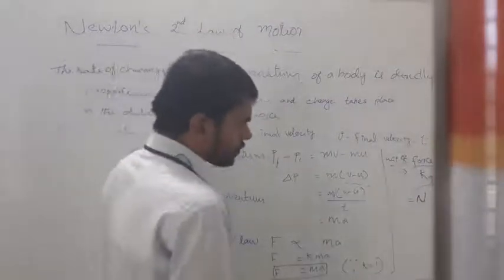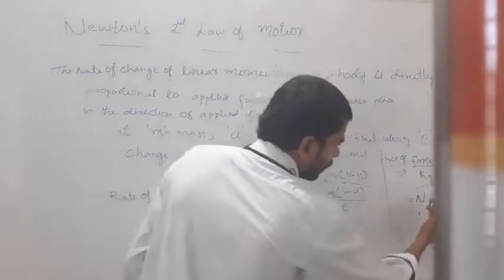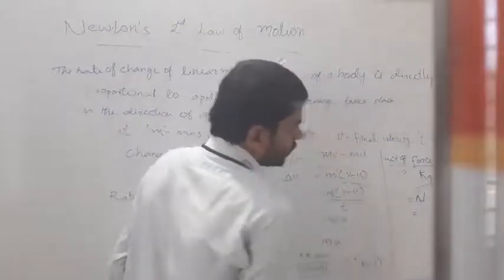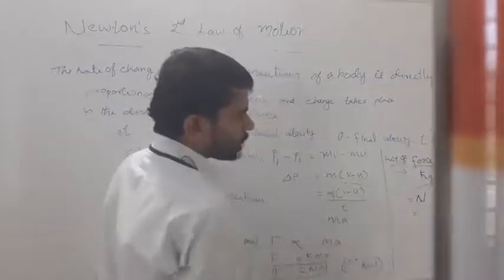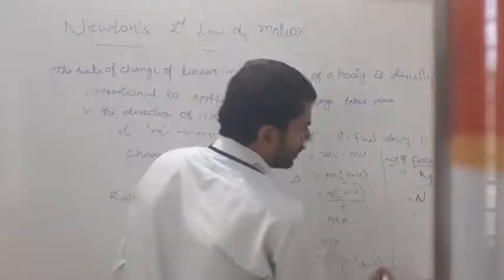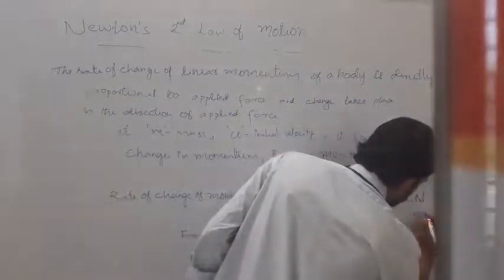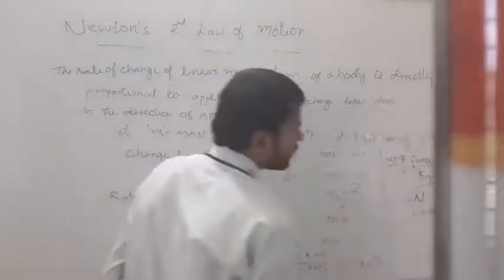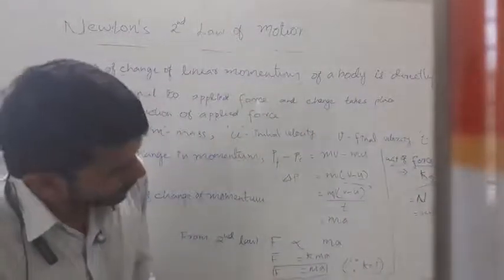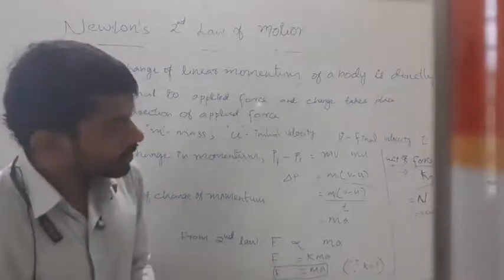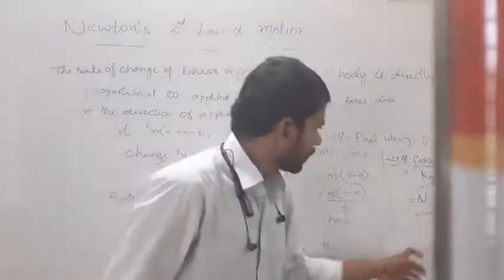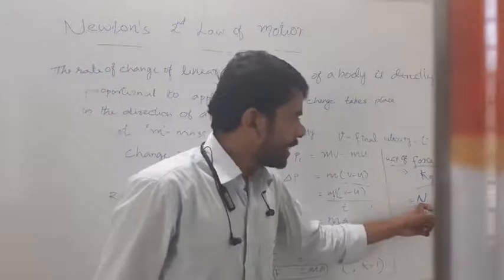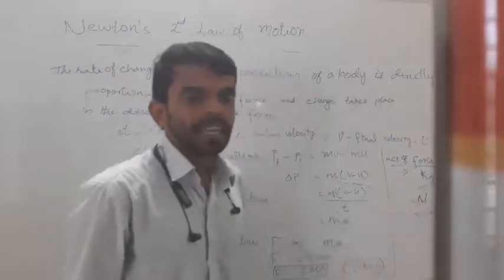Now, kilogram meter per second square or Newton, which we can also write with a small letter newton. While writing it fully, all the letters are small letters, and if you are writing N alone, it should be capital N.